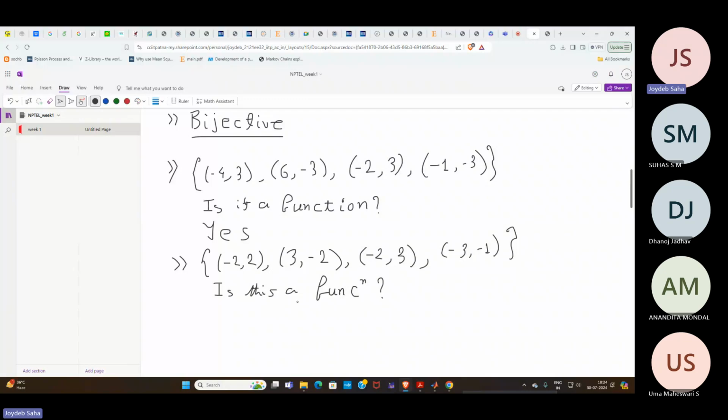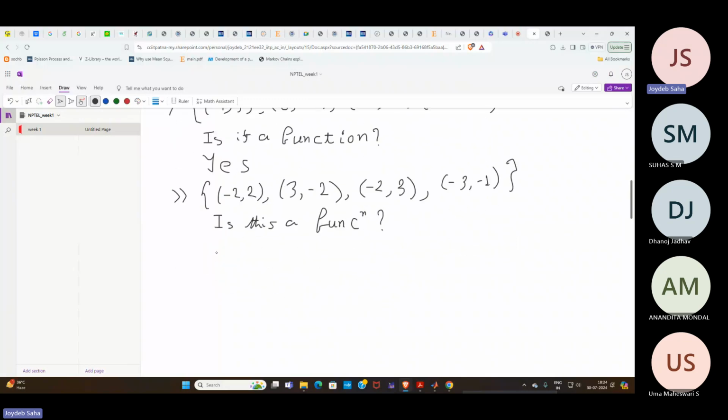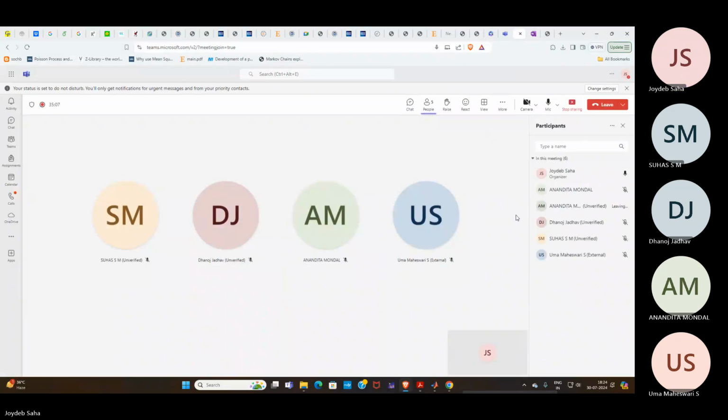I'm giving you 2 minutes to think about this. Please think. If we are saying the first relation is a function, then why are we saying that this relation is not a function? Anyone?